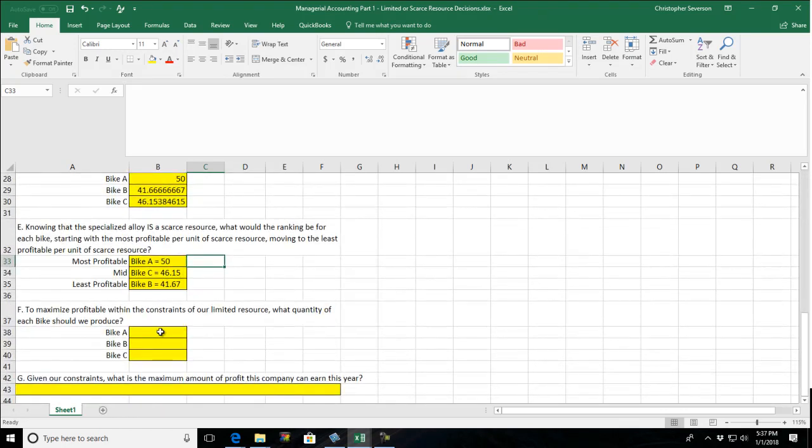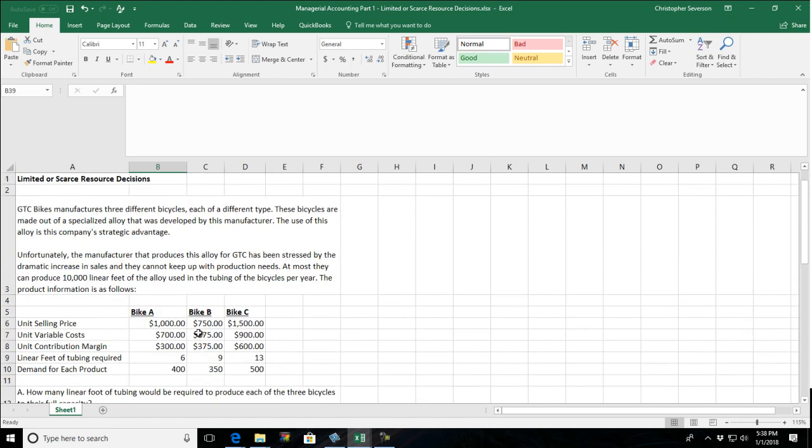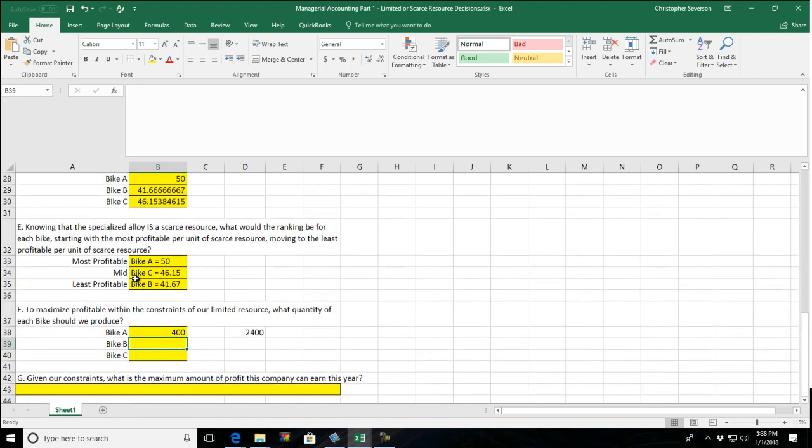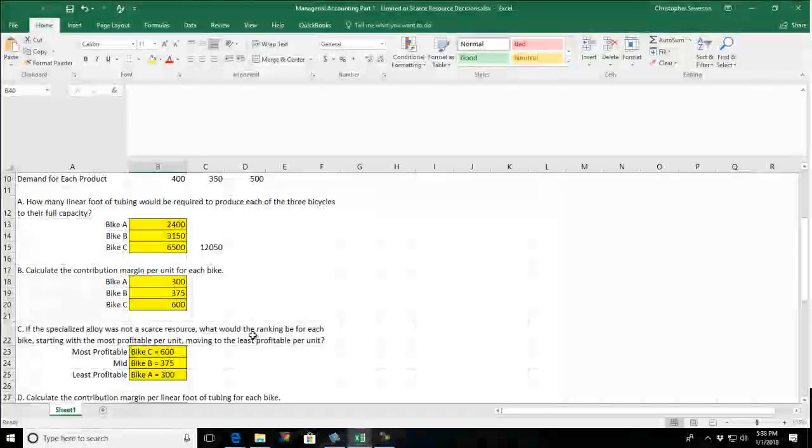So what I'm going to do here is put 400 because that's the answer, but I'm also going to put how many square feet we're using so far, just so we can keep track of that. Now we've only used 2,400. We should have enough to meet the demand for the second bike, but let's test it out. The second bike was actually bike C at 46.15, so we'll jump to that one first.